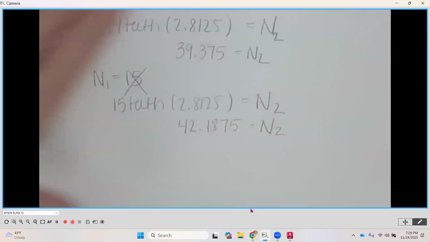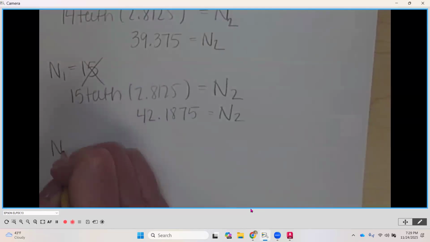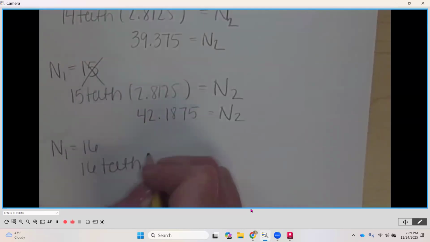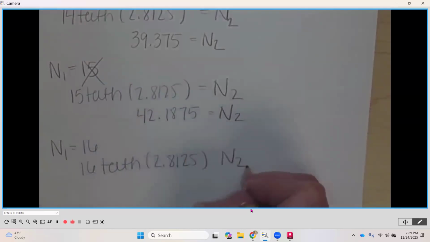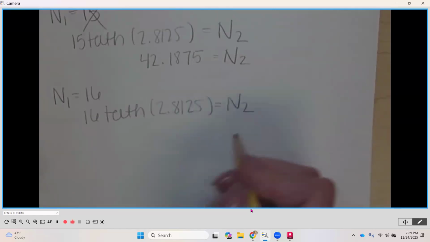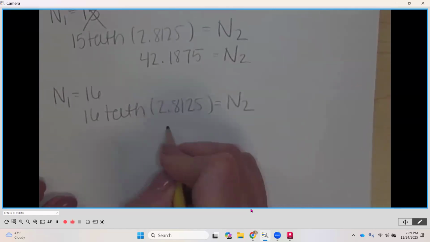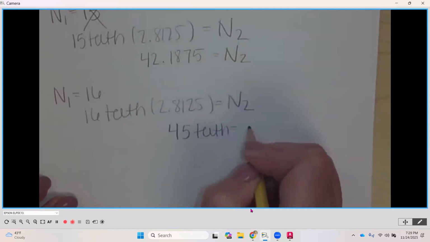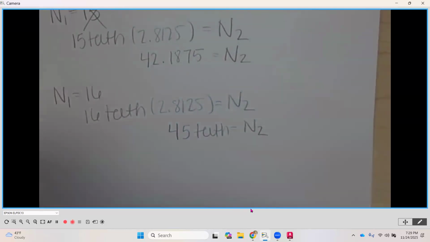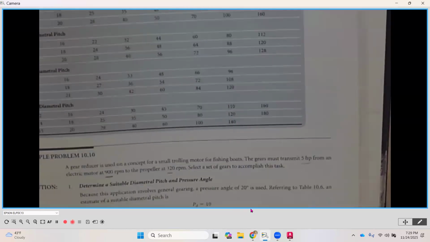So we'll try 16. We're going to say N1 is equal to 16. So we're going to take our 16 teeth times 2.8125 is equal to N2. What do we get for N2? 45 teeth. Ooh, that's an integer number. Let's see, is there 45 on our list?